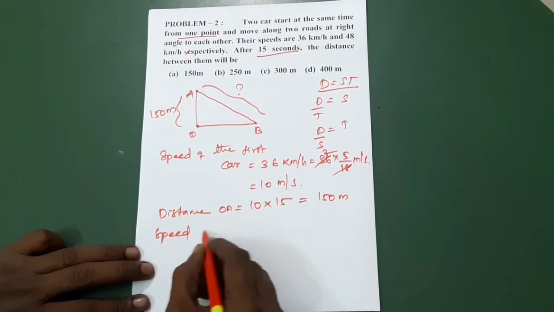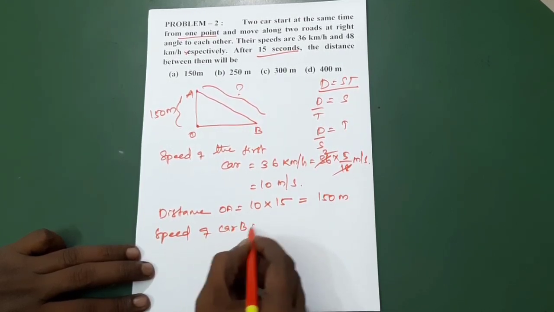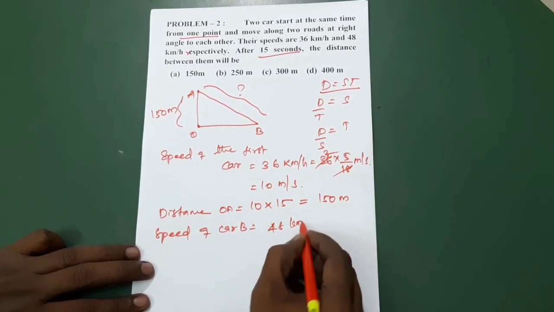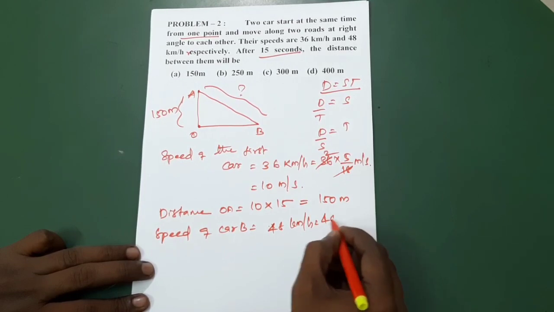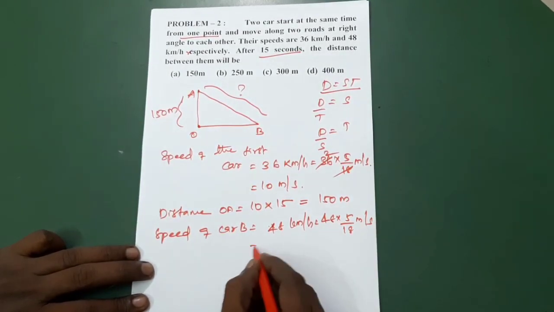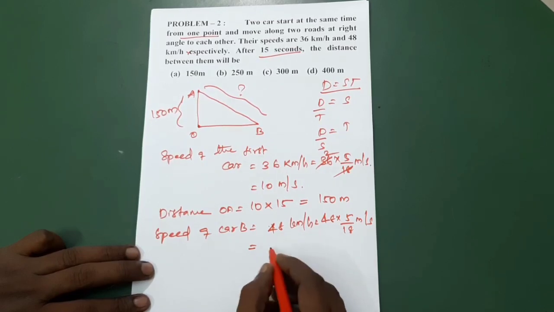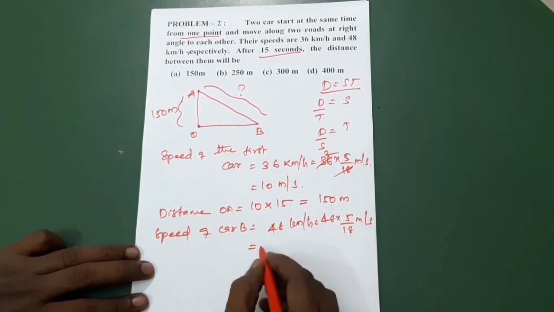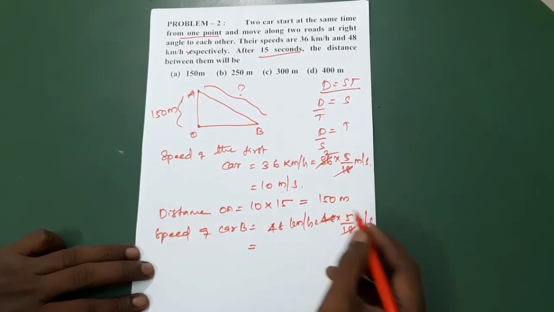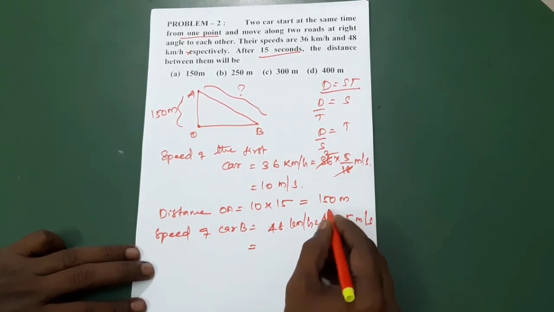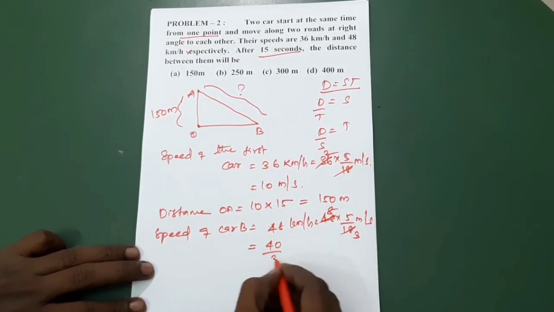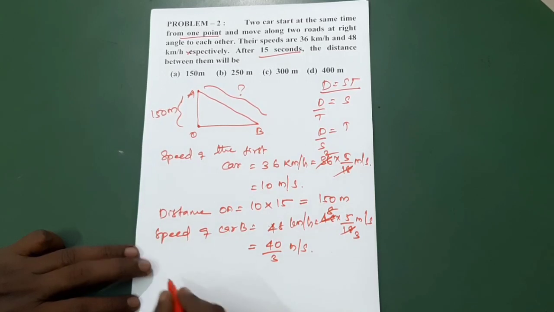You can get the speed of car B, which is given as 48 kilometer per hour. 48 into 5 by 18 meter per second. So 6 8s are 48, so 40 divided by 3 meter per second.